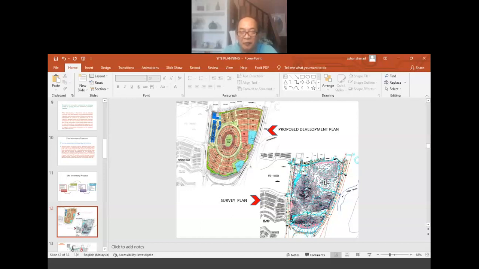components. One component is indicating the development, focusing on the proposed development, and another drawing of the same site, indicating the existing features of the site, which includes the topography of the site, which includes all the information that can be gathered from the drawing, with reference to the existing site.